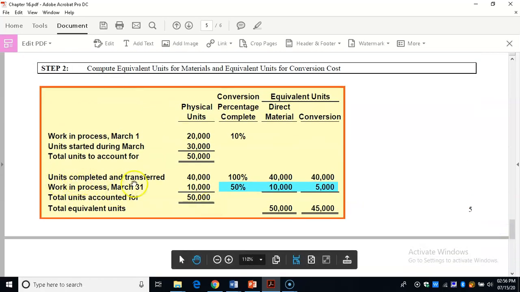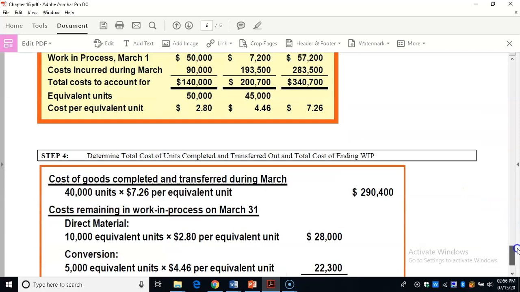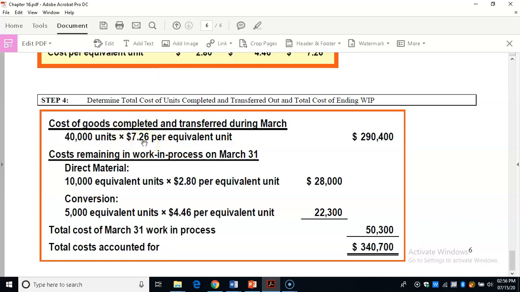It says the same number here too. So 40,000 times how much does it cost to make one fully completed unit? $7.26. So how much did it cost to make the 40,000 units that were completed and transferred out? $290,400.